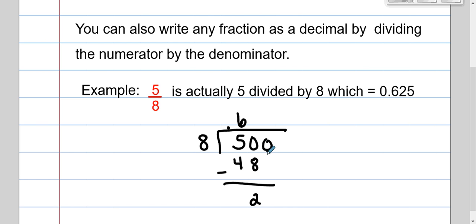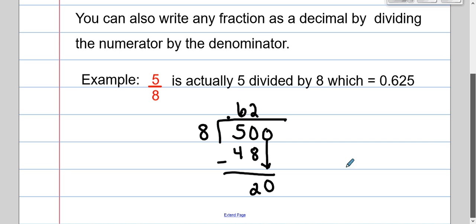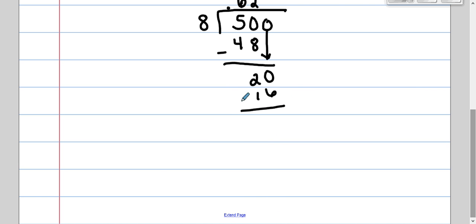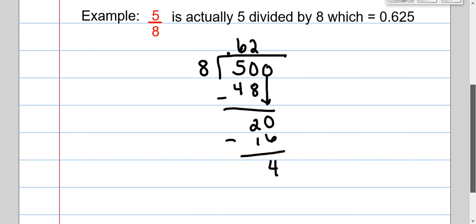Bring down my 0. And 8 goes into 20 2 times. 8 times 2 gives me 16. 20 minus 16 equals 4.